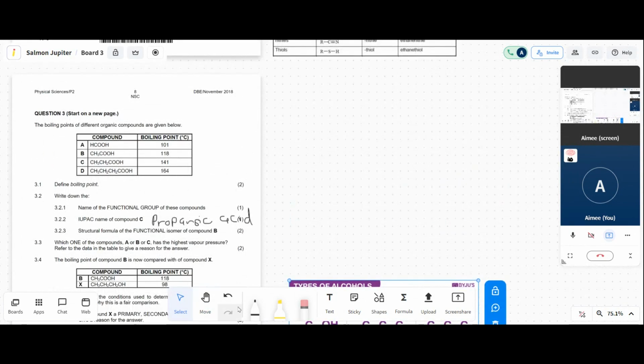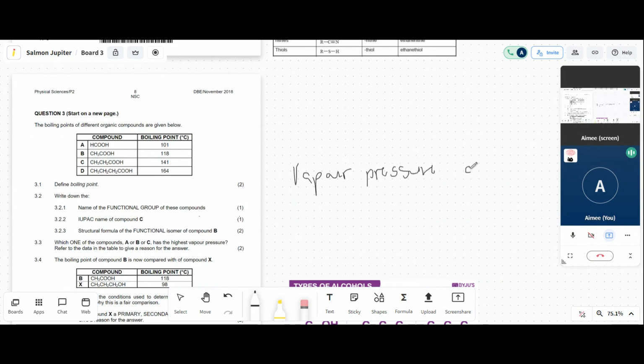Okay. So the first thing I have to tell you here is that vapor pressure, I'm going to write it down now. Vapor pressure and boiling point are inversely proportional.